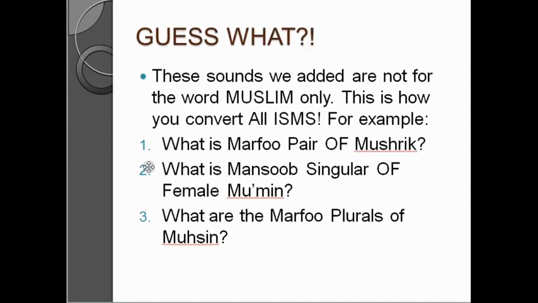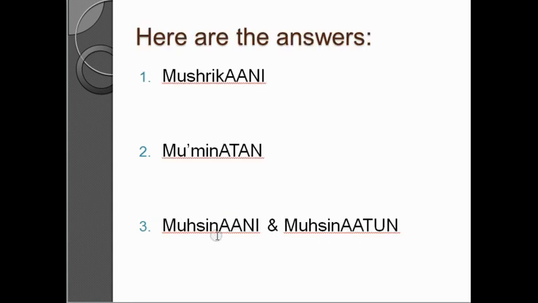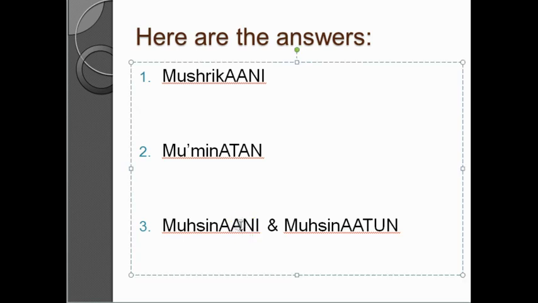What are the marfu plurals of muhsin? One is muhsinani. Sorry, it will be muhsinuna. It's not ani. It will be muhsinuna. Okay, muhsinuna and muhsinatun. What will be the mansub and majrur plural? Muhsinina.